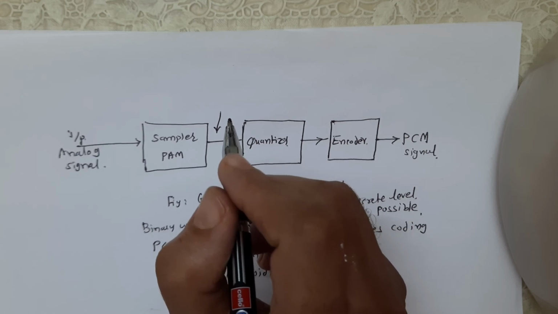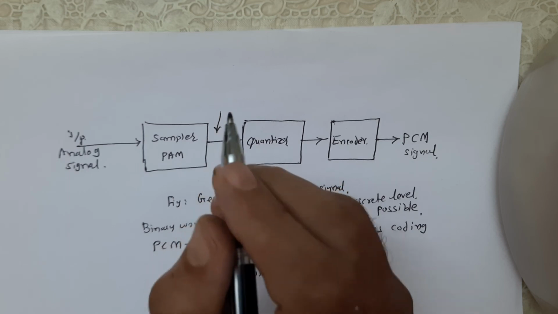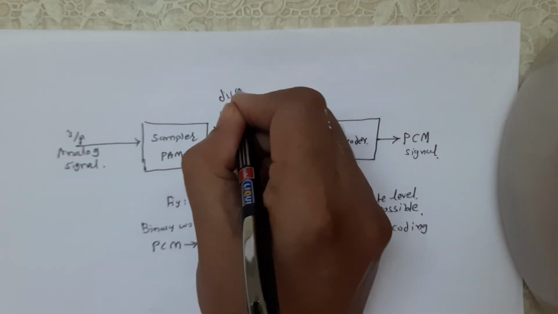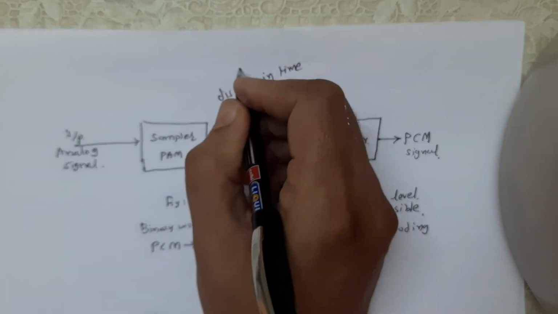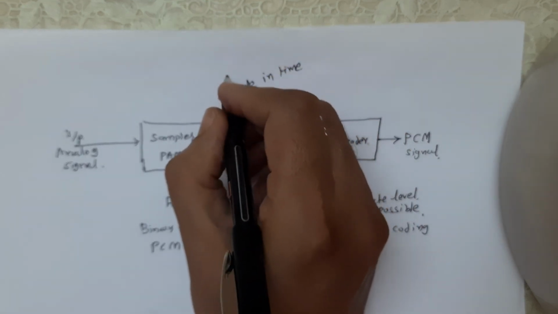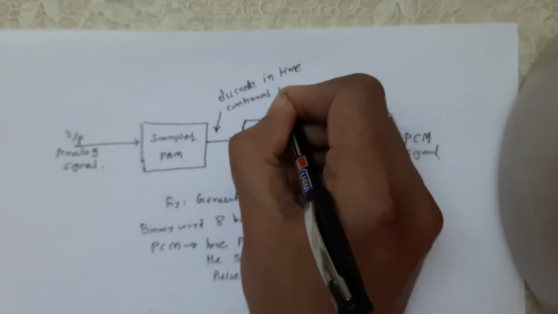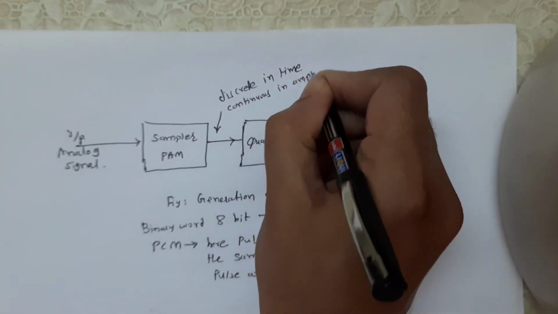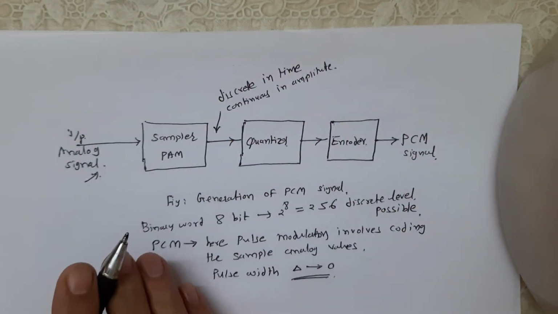The output of the sampler block will have the signal which is discrete in time and continuous in amplitude.